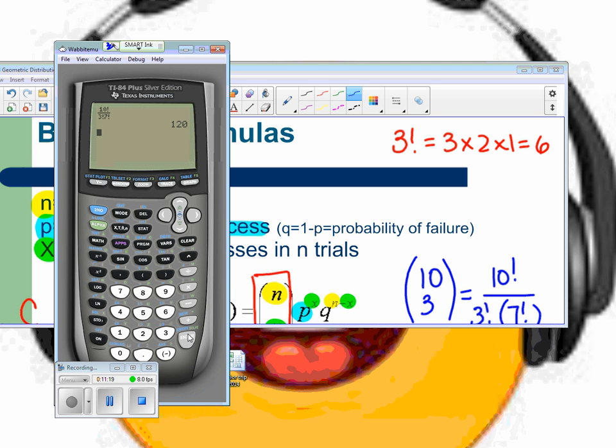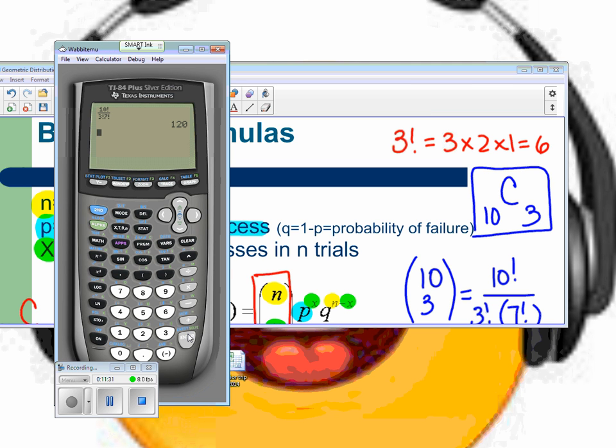Using the formula, awesome. Now, because this says 10 choose 3, we can type this shorthand notation into the calculator. It's already got the formula plugged in. We can just tell the calculator what is 10 choose 3.